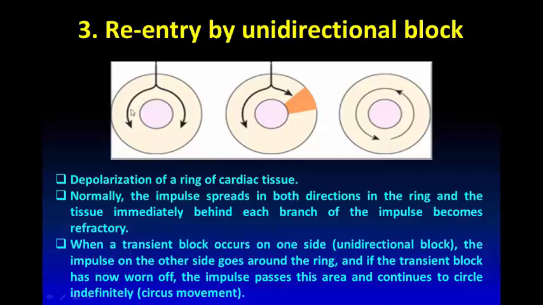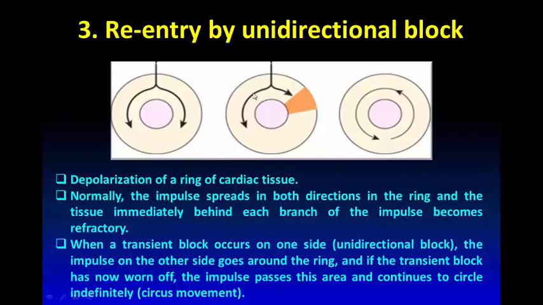Depolarization of a ring of cardiac tissue is shown in the right panel of the figure. Normally the cardiac impulse spreads in both directions in the ring, and the tissue immediately behind each branch of the impulse becomes refractory. However, when a transient block occurs on one side, this is a unidirectional block because the block has occurred on one side only.